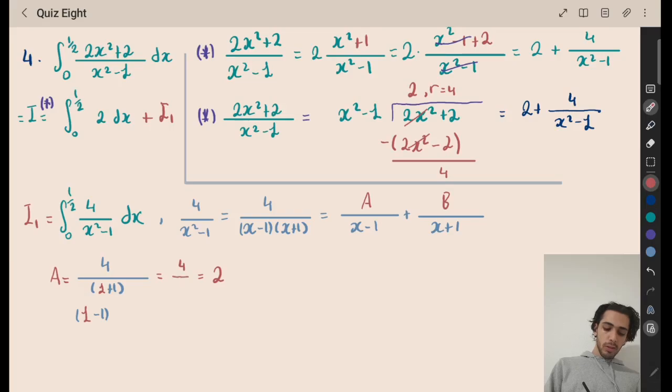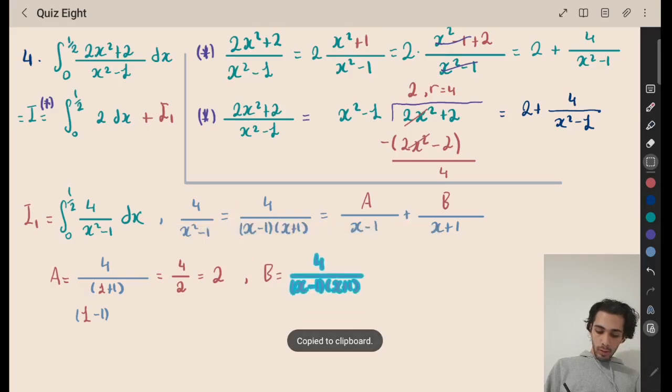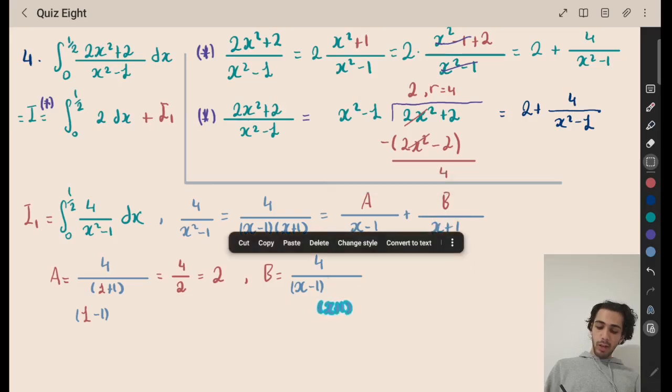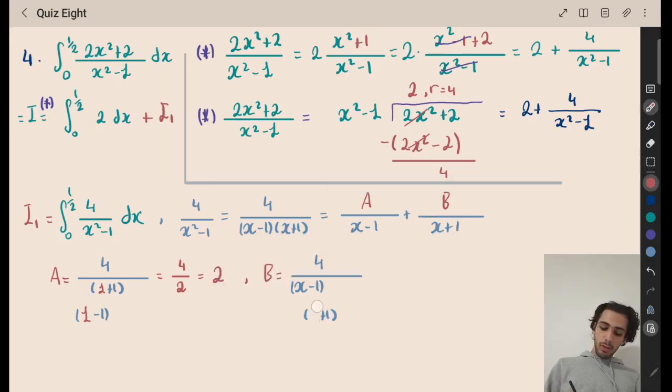Now, maybe it is a good exercise for you to pause the video and try to find B in the same manner. So we would take the same big expression. B is the one on top of x plus 1, so I need to take the x plus 1. Find the problematic point, it's minus 1, because it gives us a 0.